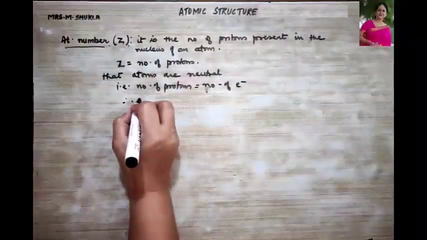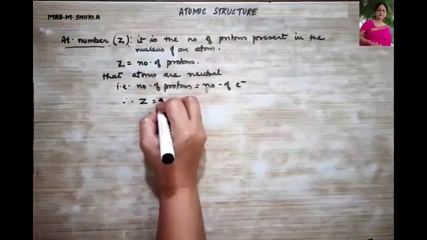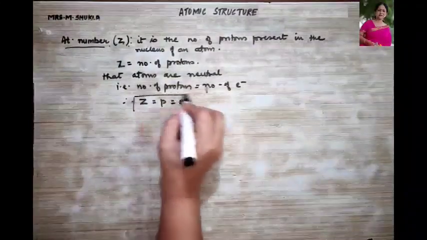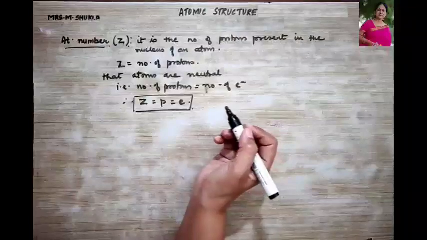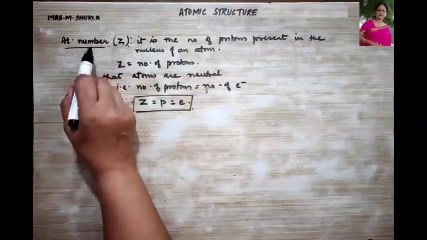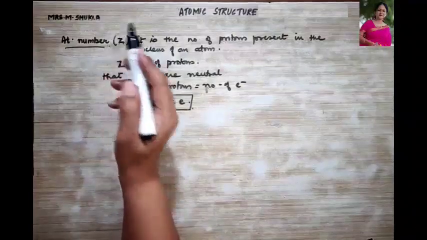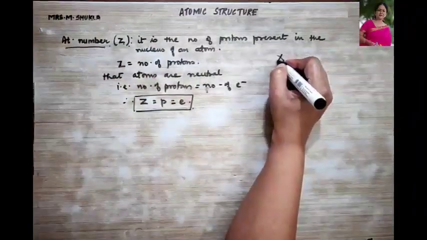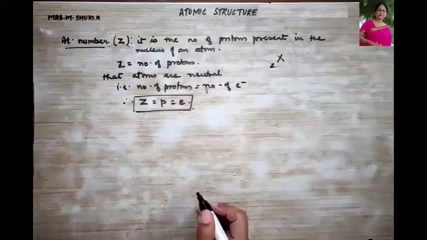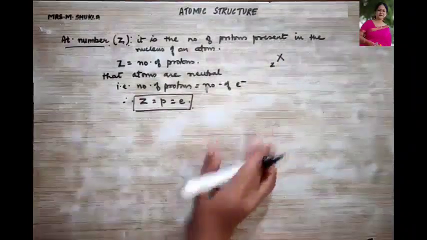Therefore atomic number, which is equal to number of protons, is also equal to number of electrons. This is something very important that you need to remember. And I also said, where are atomic numbers written in the element? They are always written at the subscript. So here is the subscript where we always write down the atomic number.